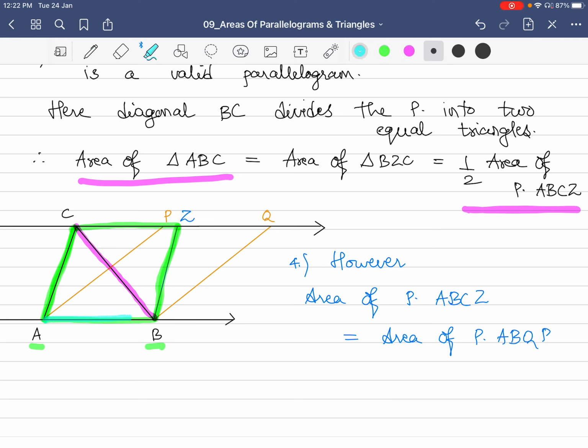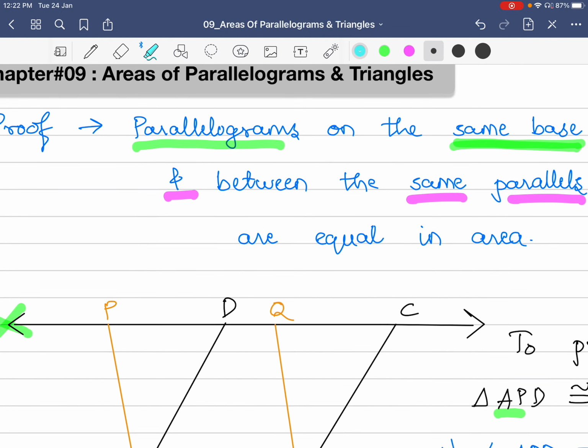AB and QP, this is another parallelogram which is between the same parallel lines and having the same base AB. We have just seen in the previous video that if there are two parallelograms on the same base and between the same parallel lines, then they will have equal area.